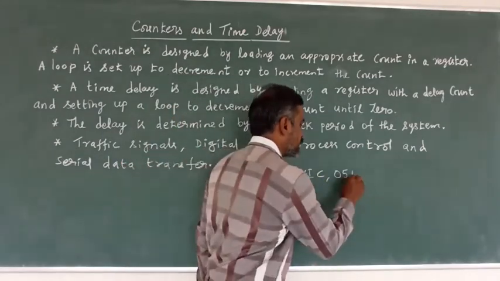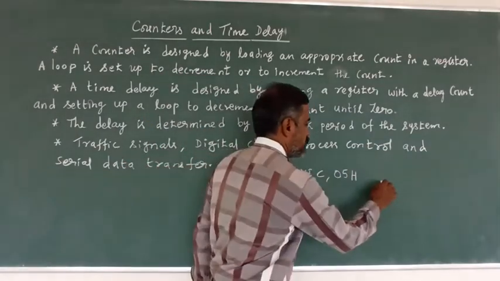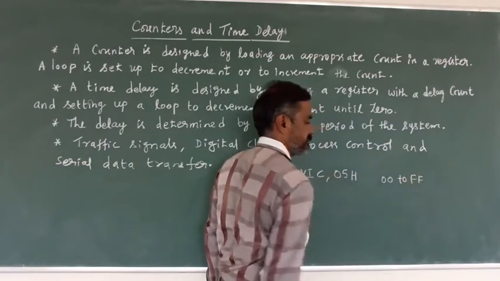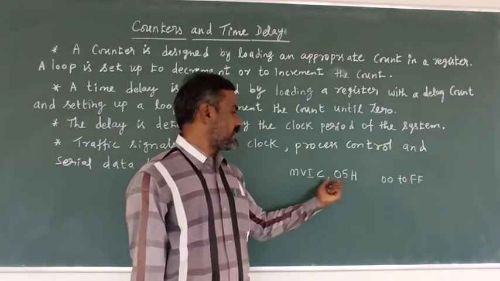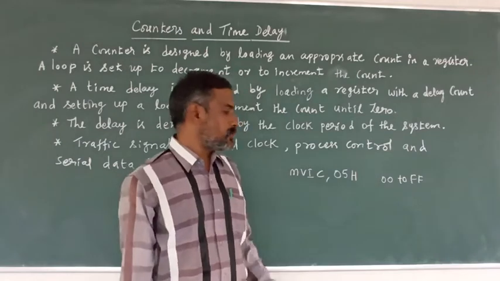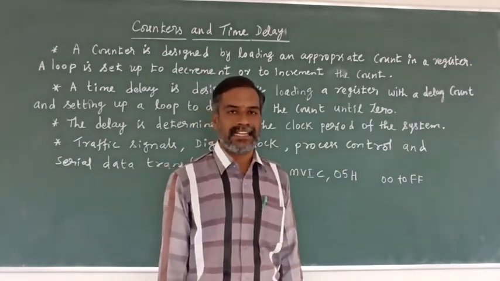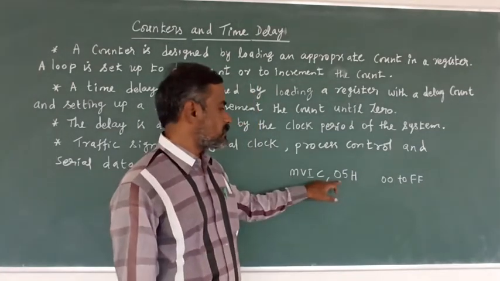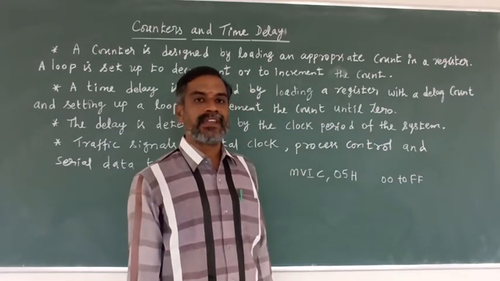Here to load 8-bit data, we can load from 00 to a maximum of FF. Now 05 is loaded in the C register. Now to increment or decrement the C register content.